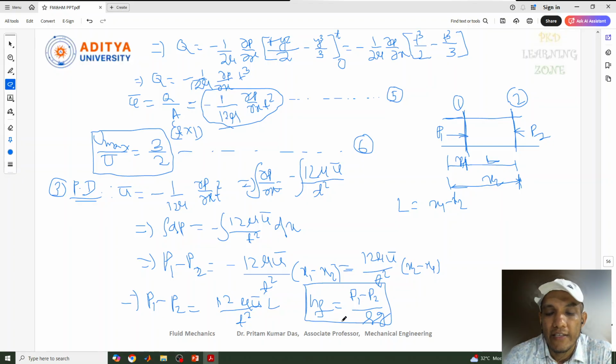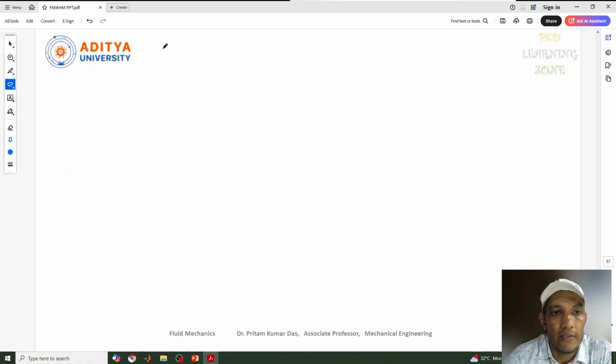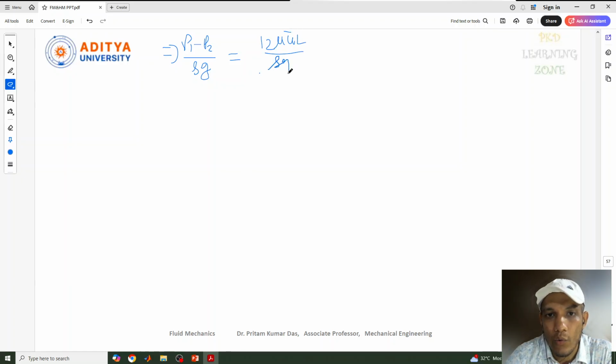So if HF is the drop of pressure head, then finally P1 minus P2 by rho g equal to 12 mu u bar L by rho g t squared. Okay, this is the final equation.